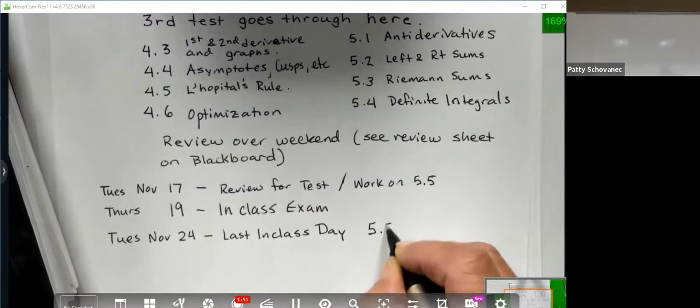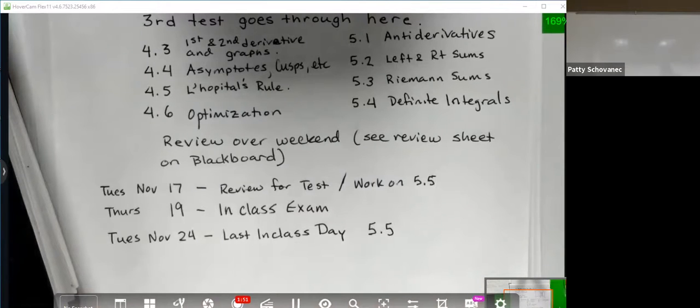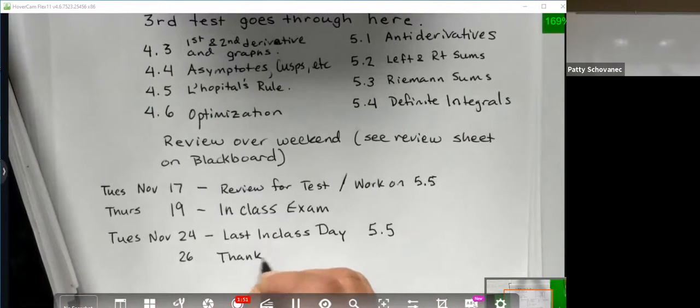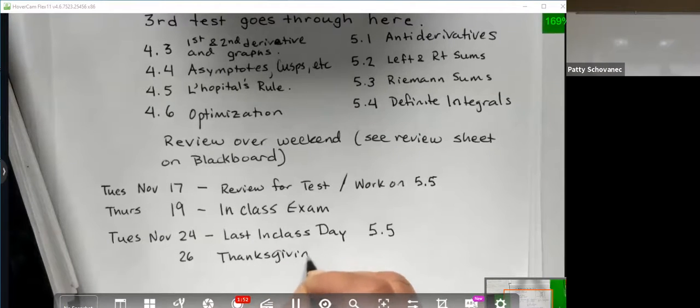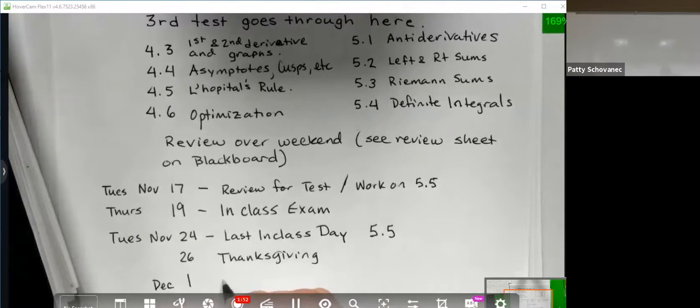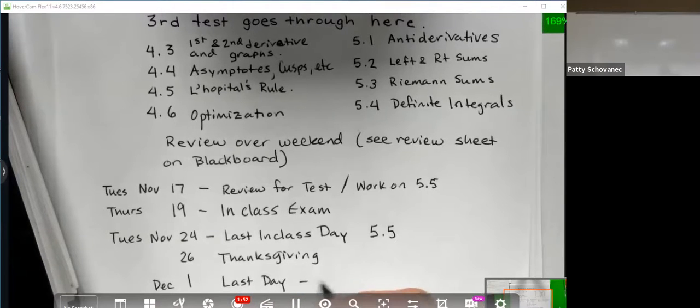We'll do section 5.5 in class. Then on the 26th is Thanksgiving. And December 1st is the last day. We will meet through Zoom.